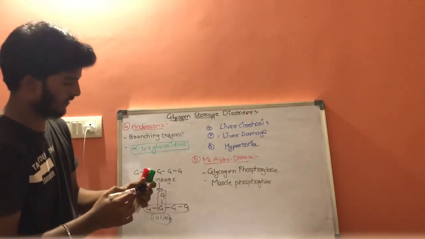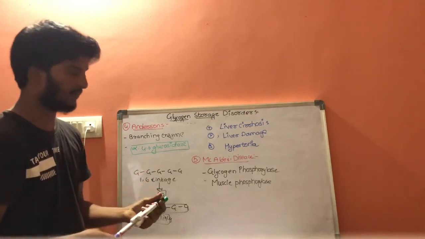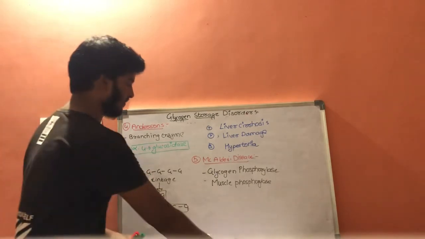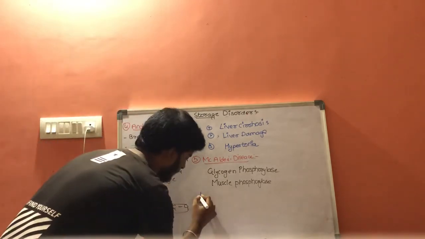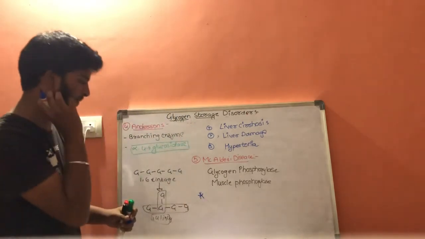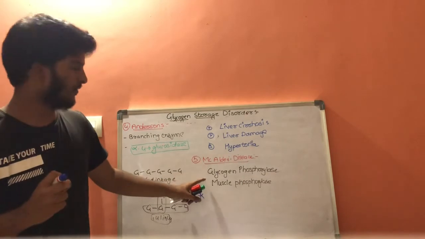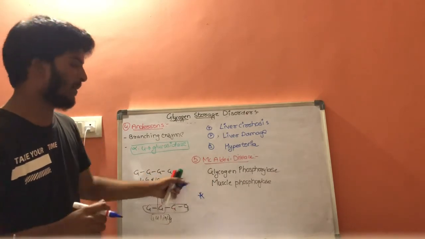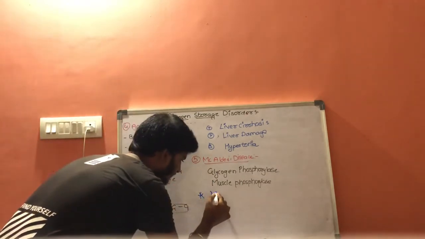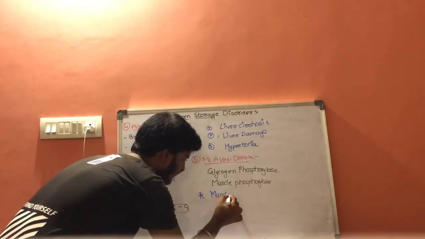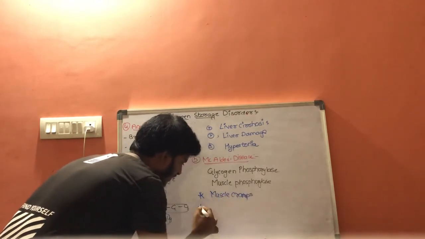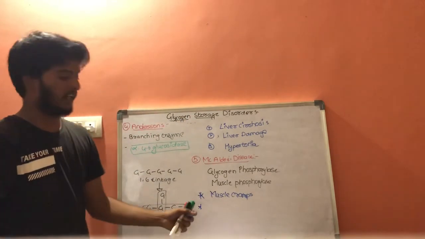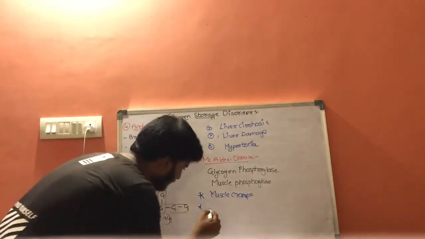The symptoms of McArdle's disease include muscle cramps, and the second symptom is myoglobinuria.